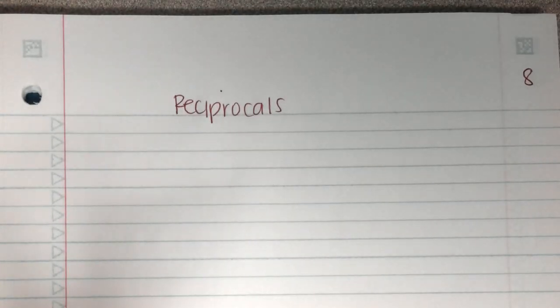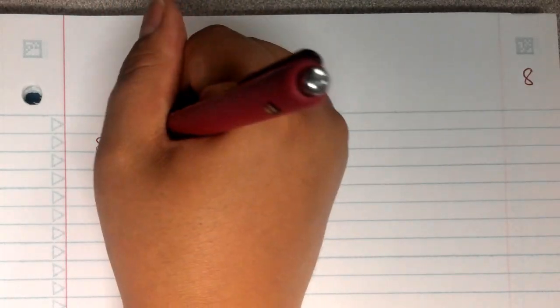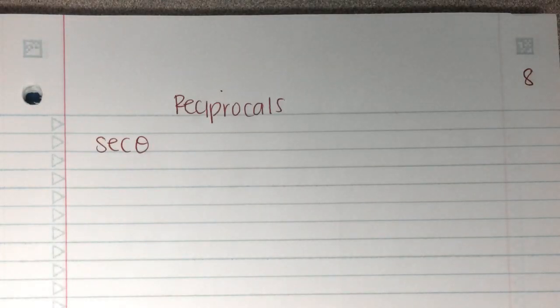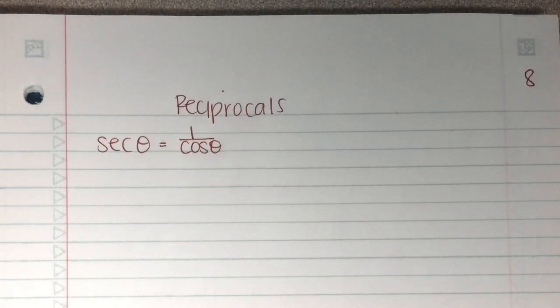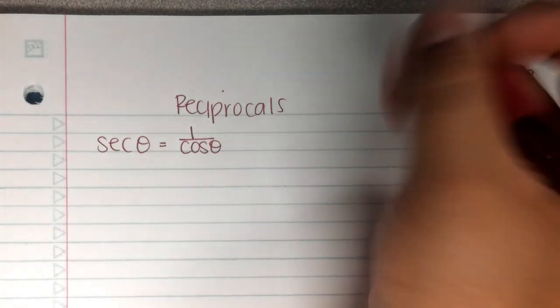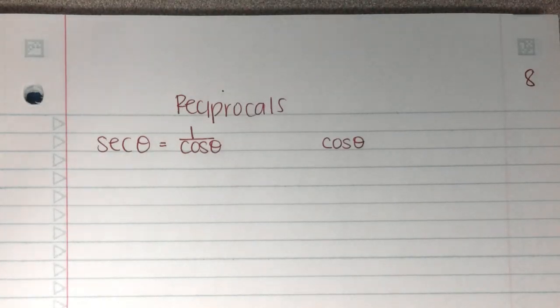Alright, so what were the names of the reciprocals that we learned the first week of school? Secant. Perfect. And secant was the reciprocal of what? S's don't go together. Cosine. So 1 over cosine of theta is equivalent to secant of theta. You just flip cosine. On Friday we learned that cosine on the unit circle was x.